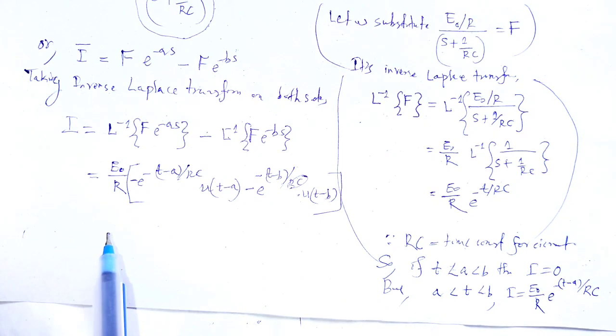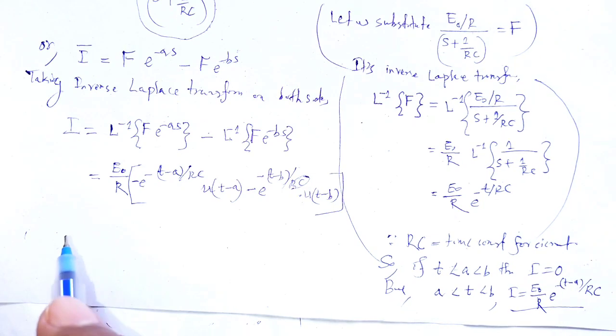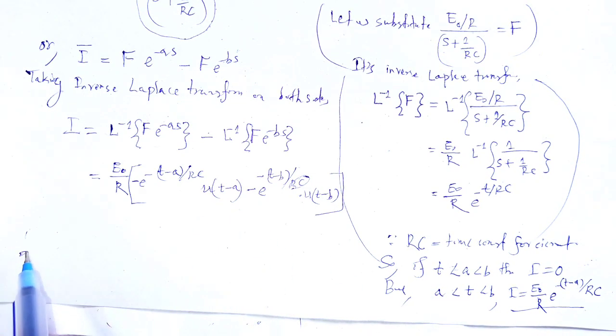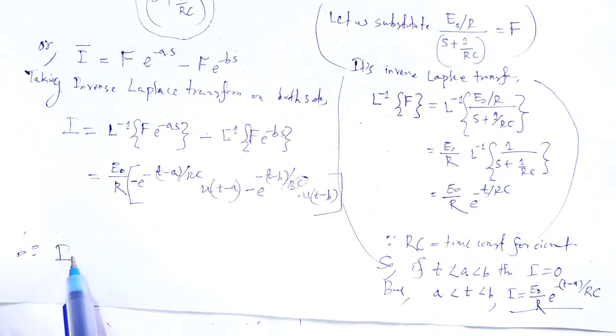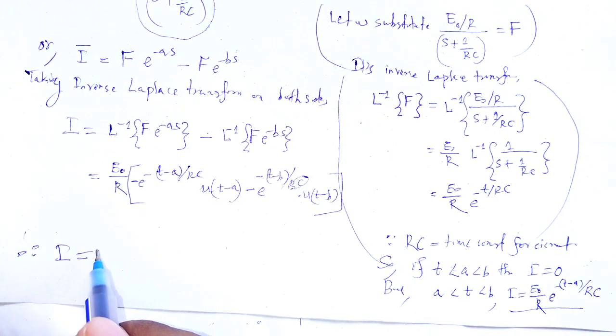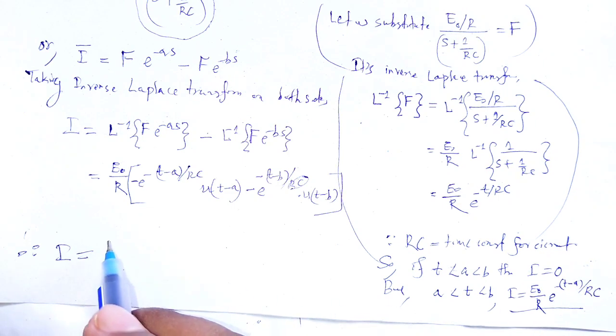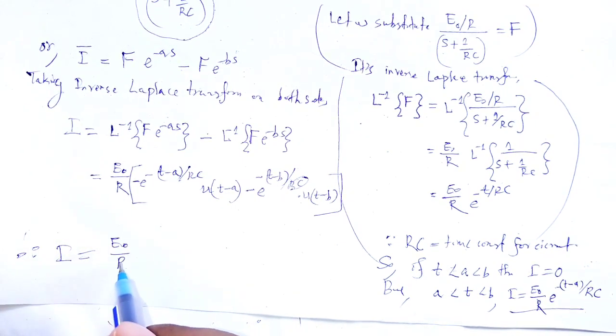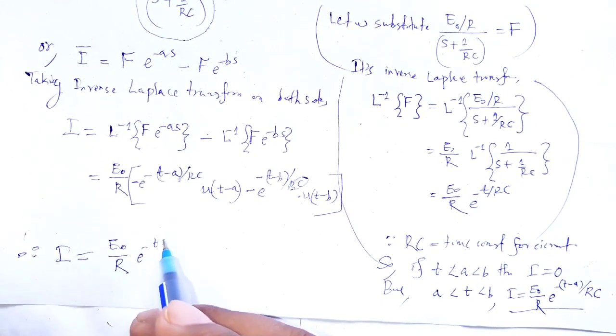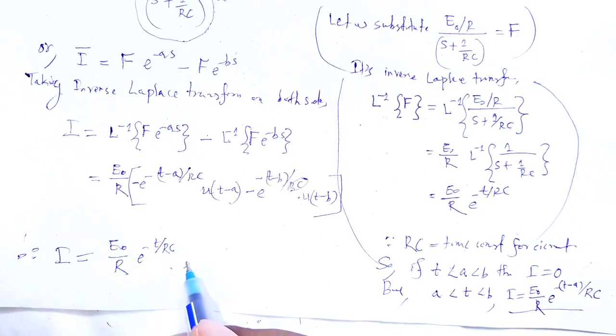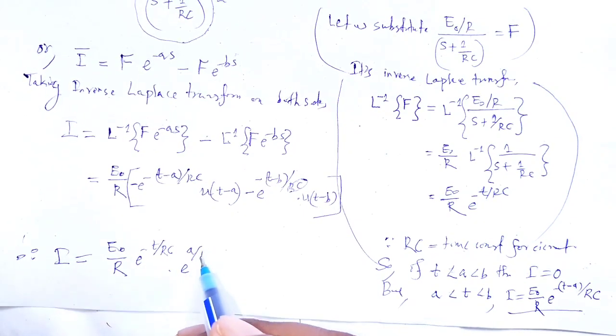So the current I, as we write it, therefore I will be E naught divided by R, e to the power minus t by RC into e to the power a divided by RC.